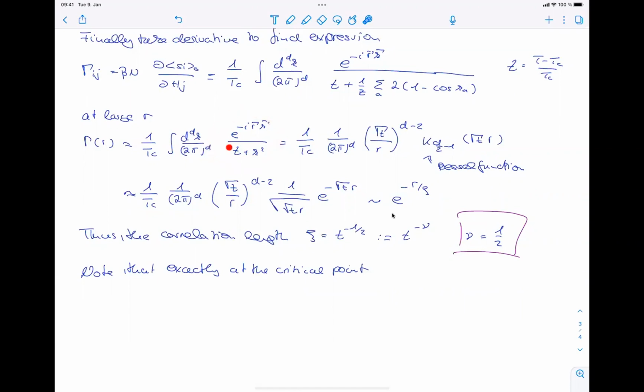Then I have a different integral here. And if I evaluate that, I find that my correlation is then 1 over r to the d minus 2, which is, again, if we use the definition of the critical exponents, the definition was r to the d minus 2 plus eta. So we find that eta mean field is 0.